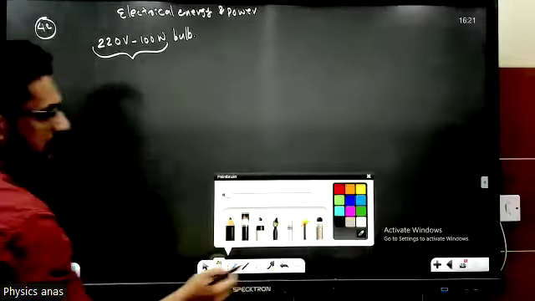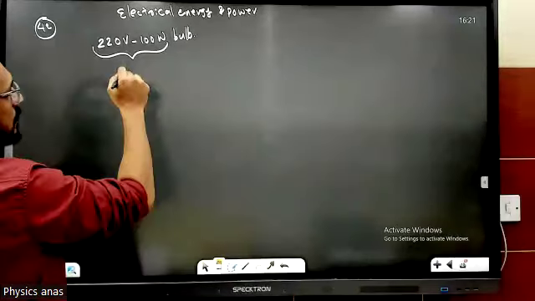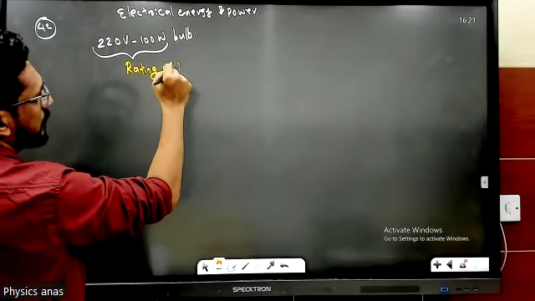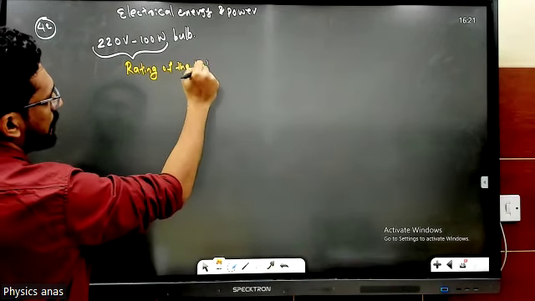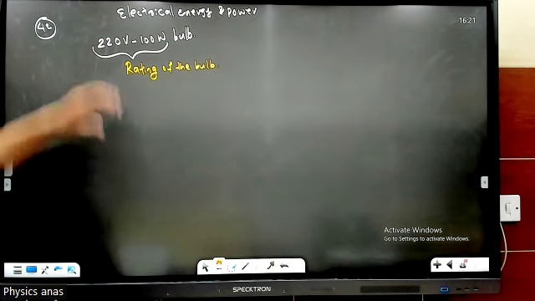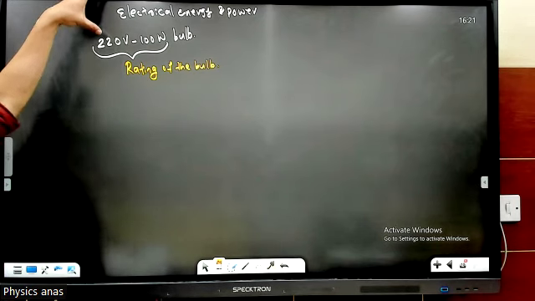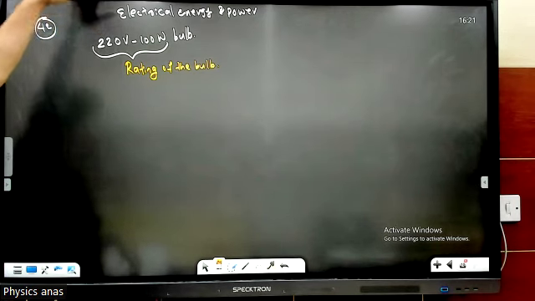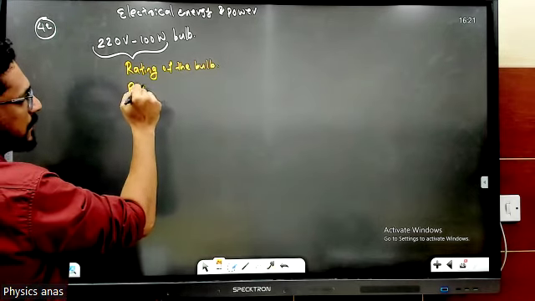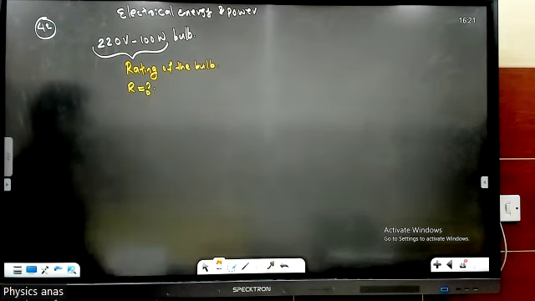This value is called the rating of the bulb. From the rating of the bulb, you can find the resistance of the bulb. You will get the resistance.